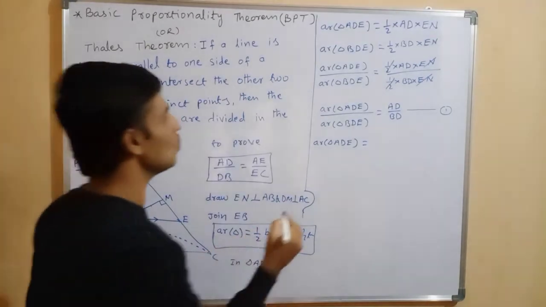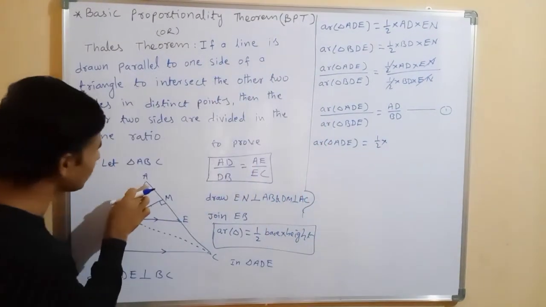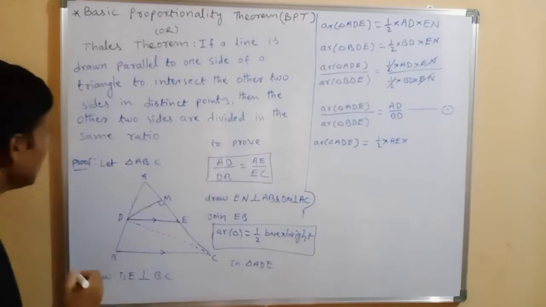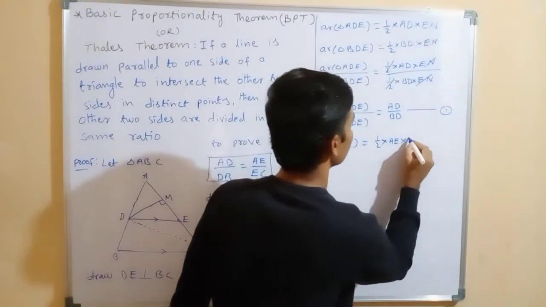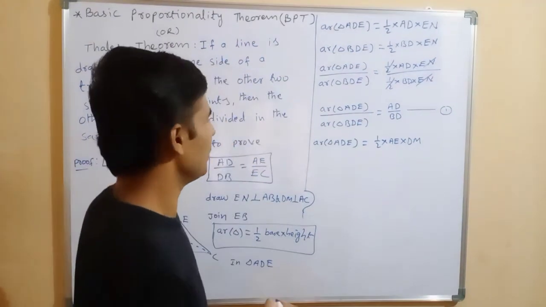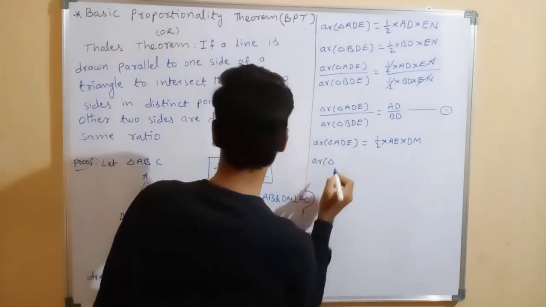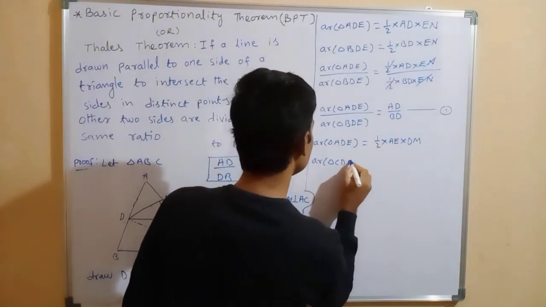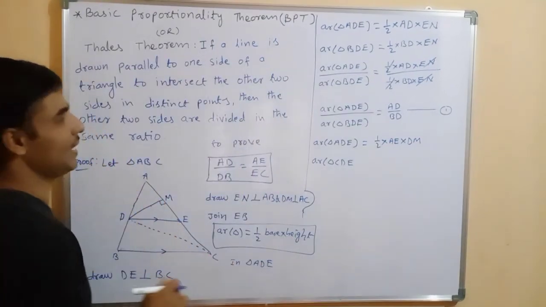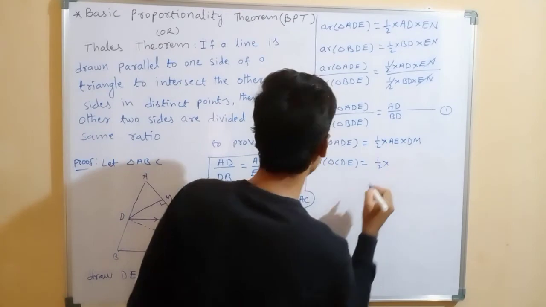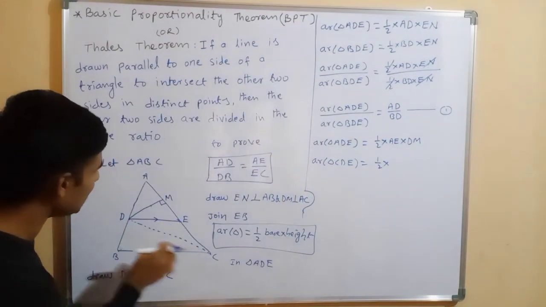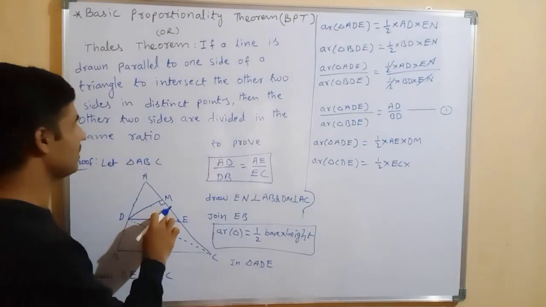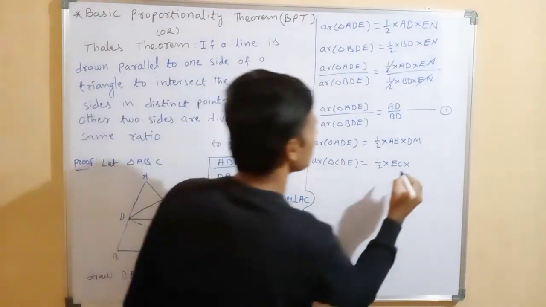So half into base, and the base is AE, into height DM. Next, the area of triangle CDE equals half into base EC into height, and here also DM is the same height.